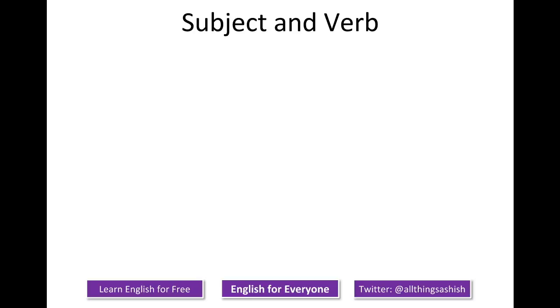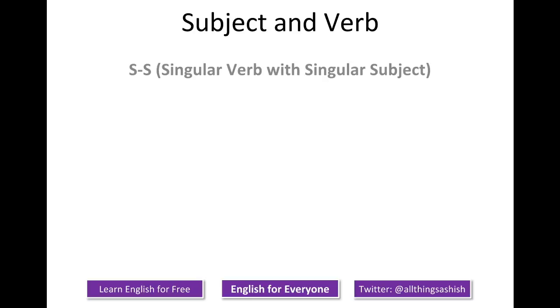All right then. So we've covered subject in its various forms on day 1, and today we will look at subject and verb. The most basic rule to remember when dealing with subject and verb is the SSPP rule.